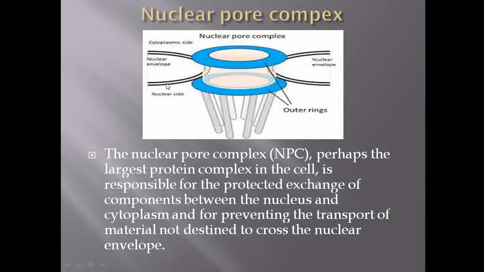This is the cytoplasmic side, which is toward the cytoplasm of the cell, meaning the outer side, and this is the nuclear side, meaning the inside. So this nuclear pore complex is present, having such a structure.